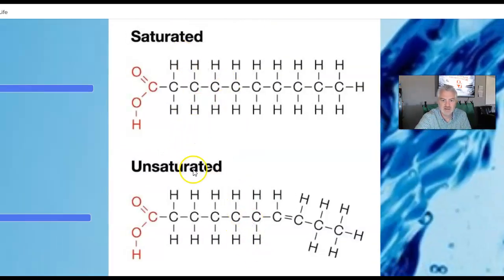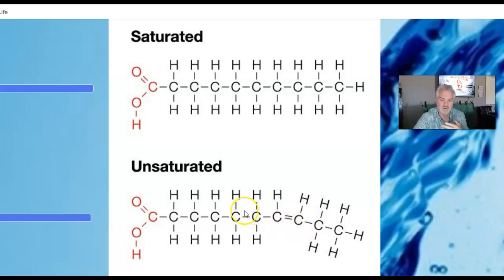So when we talk about lipids, there are a couple of different types. There are saturated and unsaturated. If you'll notice the difference between these two, you'll see right here in this unsaturated, this is what we call a double bond. Between these two carbons there is a double bond, and because of that double bond, there are not hydrogens bonded here and here, because if you remember, carbon will only bond with 4 different things.